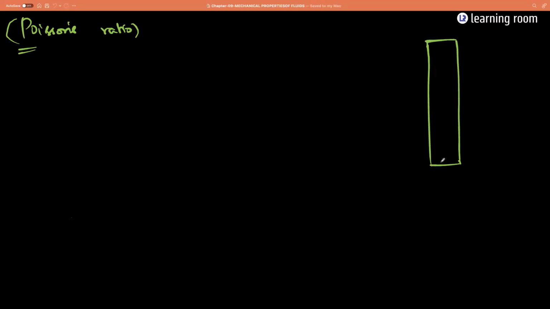So can I say that area is formed due to the diameter of it? It has a thickness associated. Let me say the thickness of that wire is D and the original length of the wire is L.